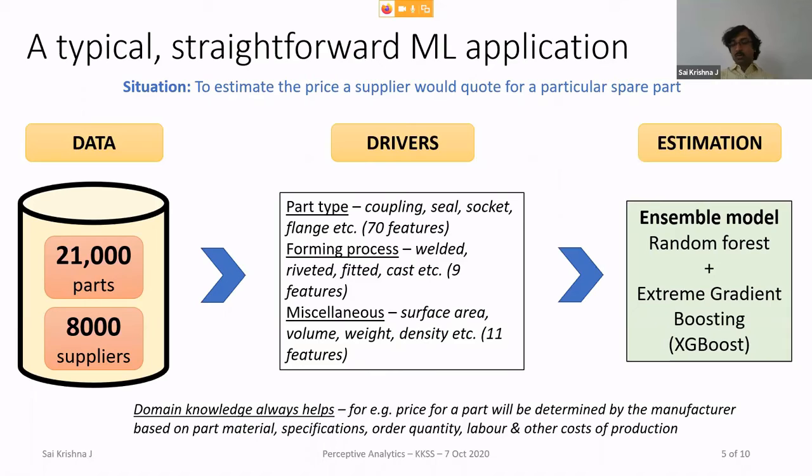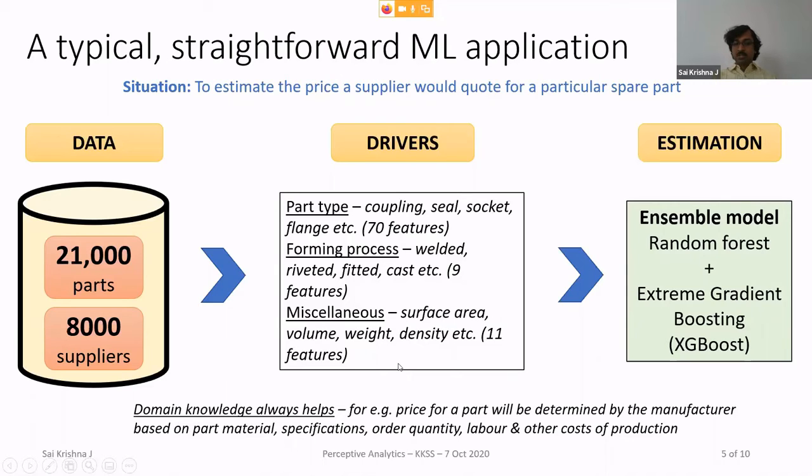So this is how we convert some qualitative, non-quantifiable data into something we can quantify. Part material is something that we don't have available, and even if it is available, it is qualitative information. But how do we transform that qualitative information into quantitative information? We form features: volume, weight, density.